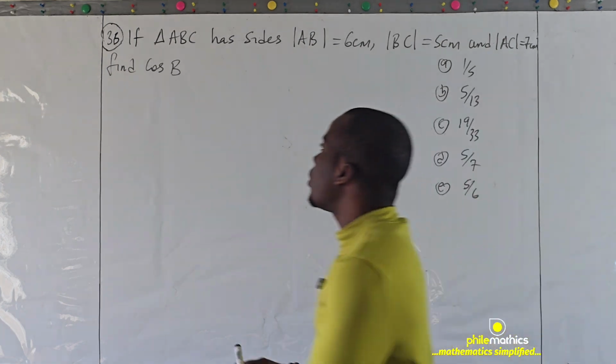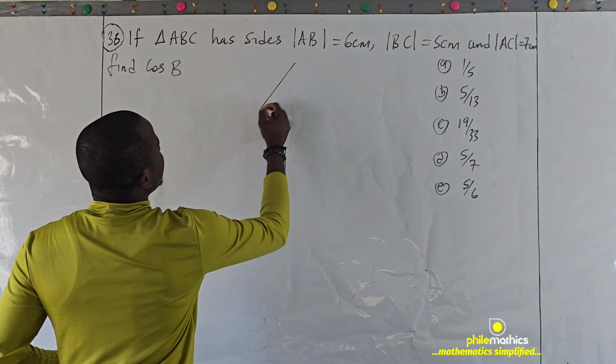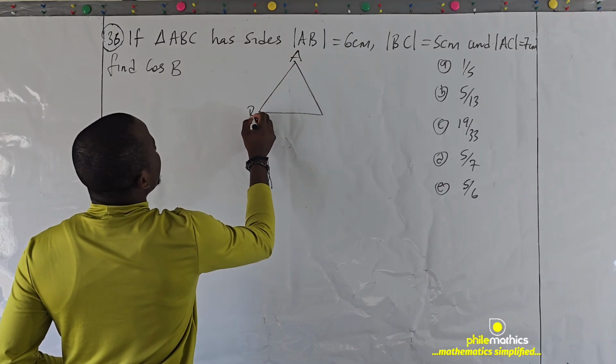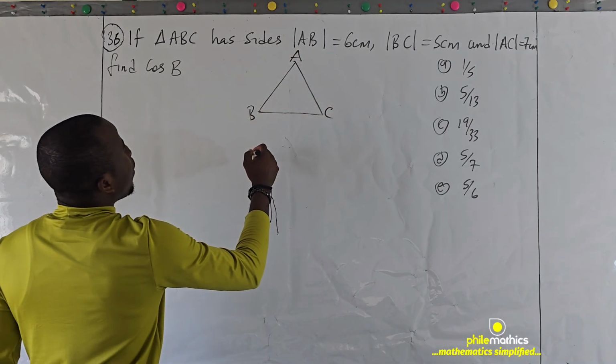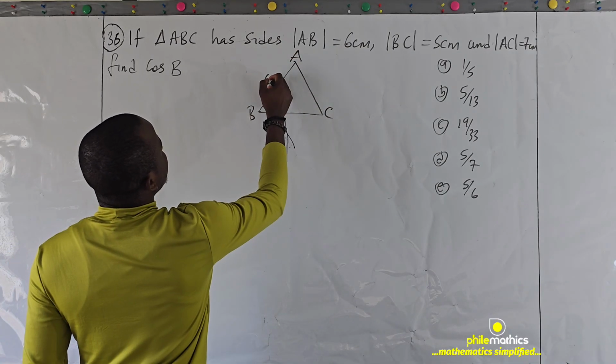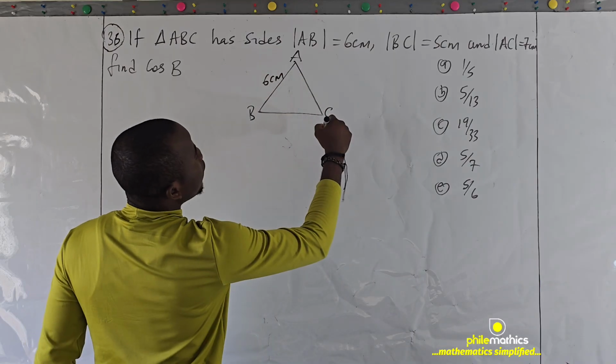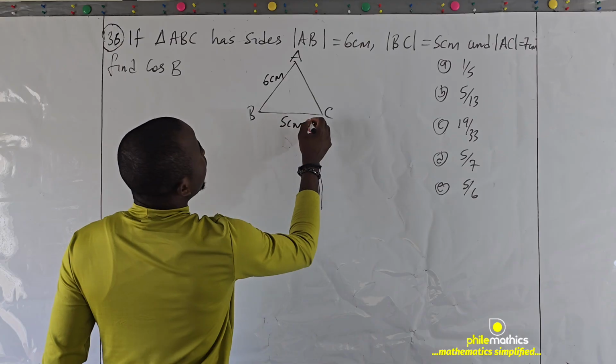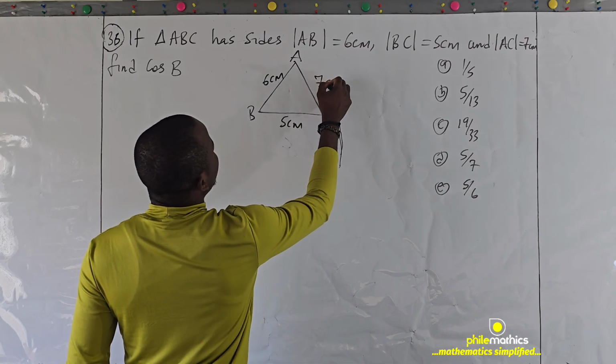If triangle ABC has sides AB as 6 cm, BC as 5 cm, AC as 7 cm, find cos B. So let's sketch. If this is A, B, C, and AB is 6 cm, BC is 5 cm, AC is 7 cm.